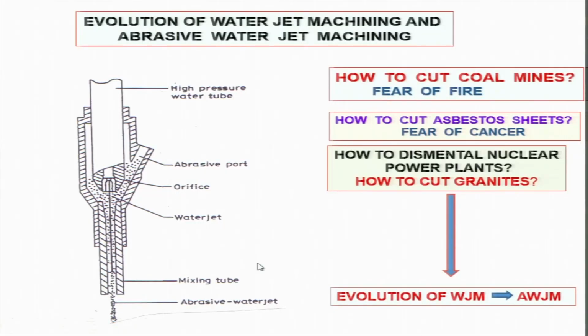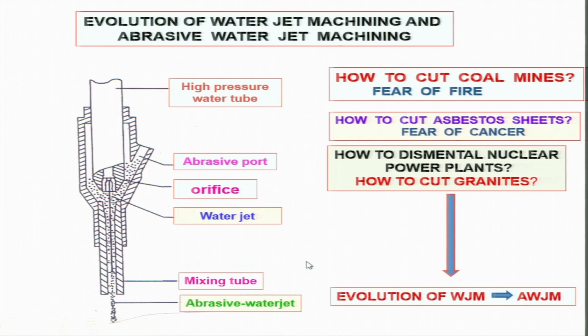Working principle is very simple as shown over here. You can see this is the high pressure water tube through which the high pressure water jet is coming. This is the abrasive port. Through this port, abrasive particles are coming and mixing with the high pressure water jet in this tube, which is known as the mixing tube, where water jet and abrasive particles are getting mixed up, and you have the abrasive water jet over here, and here is the workpiece surface.